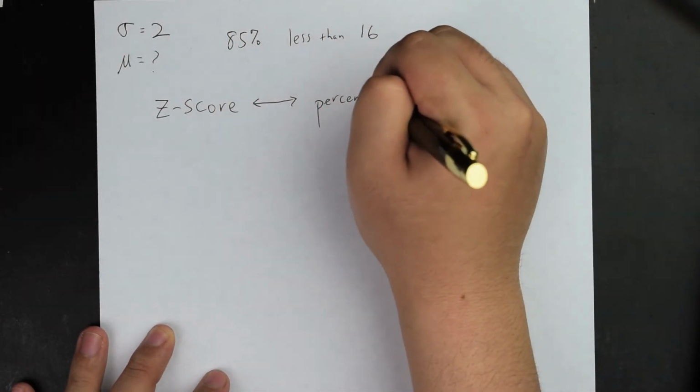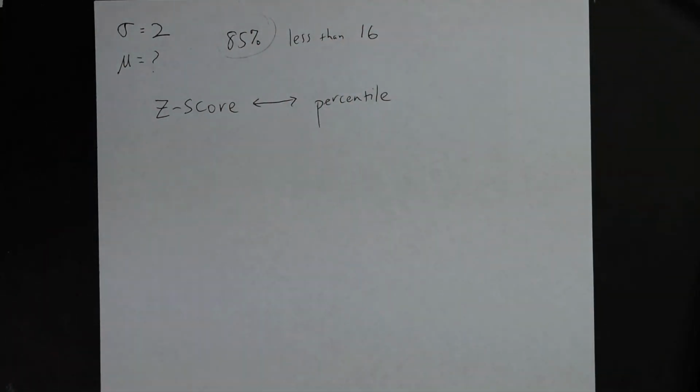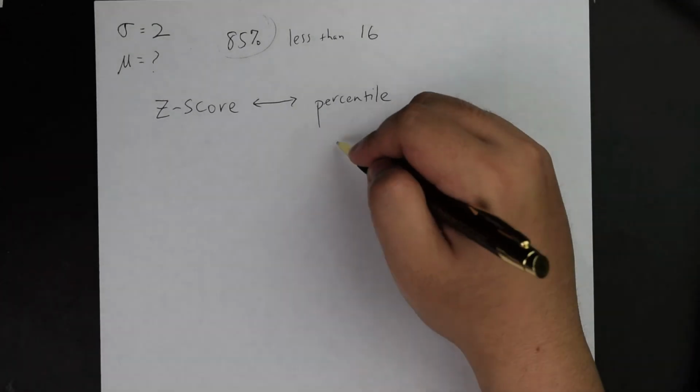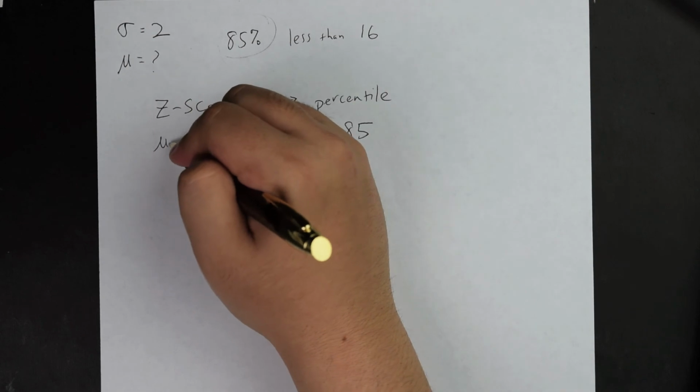Whenever you see a problem that has a percentile value, I know almost always I have to deal with inverse norm in some sense, especially when it's normally distributed. So for this question, 0.85 is my percentile. My mean is unknown.